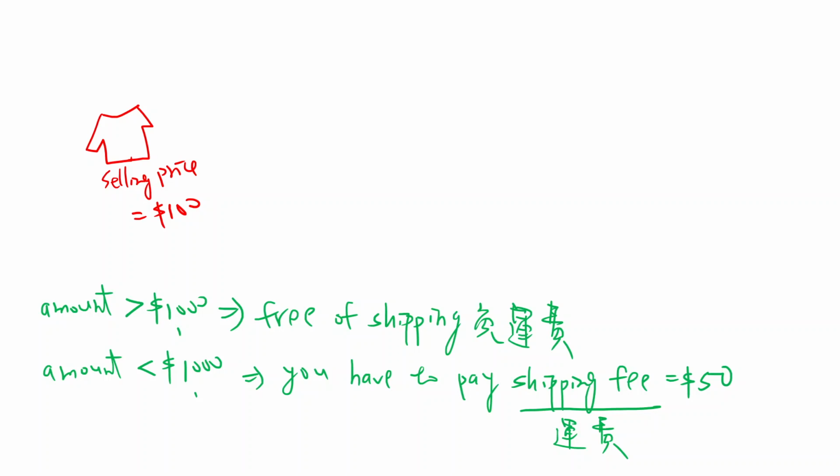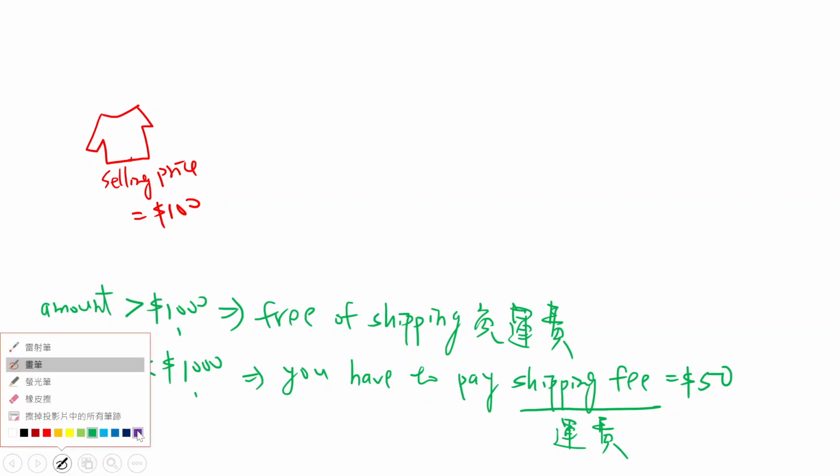150, right? Why is that? Because you spend 100, which is below $1,000. So what does it mean? In order to get your clothes, you still have to pay the shipping fee, $50. So how much money did you actually pay in order to buy the t-shirt? 150. Did you find out? The money you actually spend is not 100.